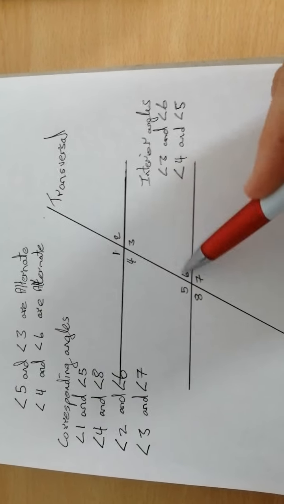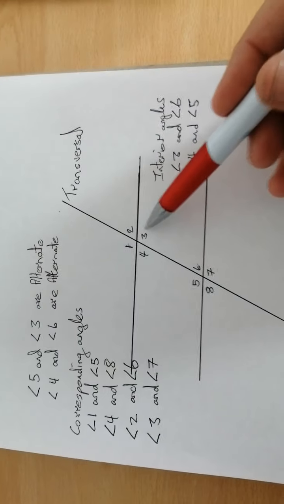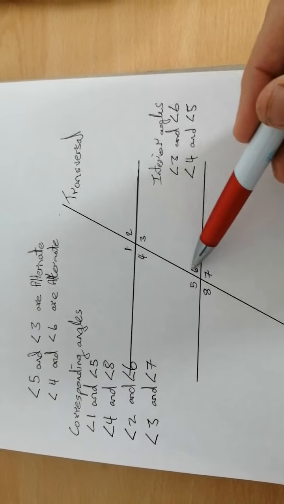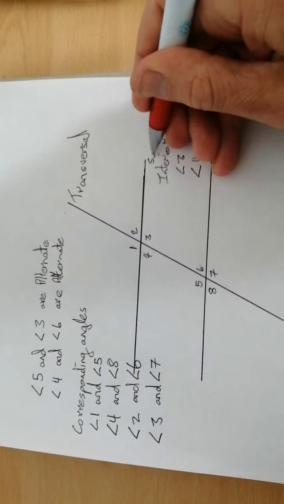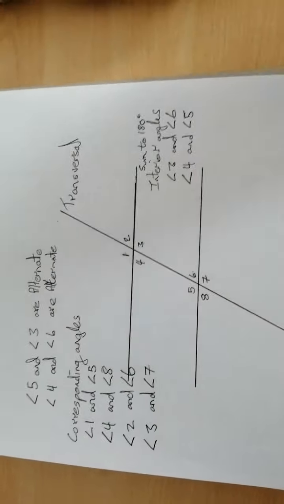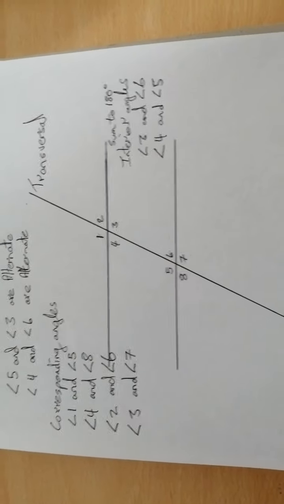So they're definitely not equal to each other, not like the pairs of corresponding angles and the pairs of alternate angles. But what we do know about them is if I added these two angles together, they give me 180 degrees. So interior angles sum to 180 degrees. Okay, so that's the first thing.